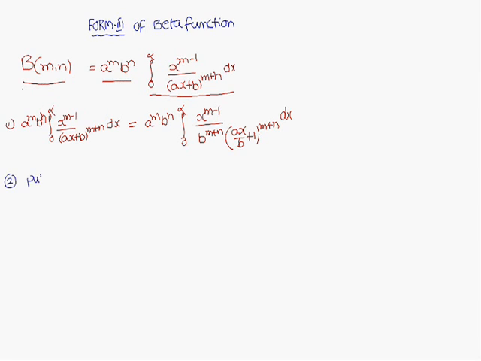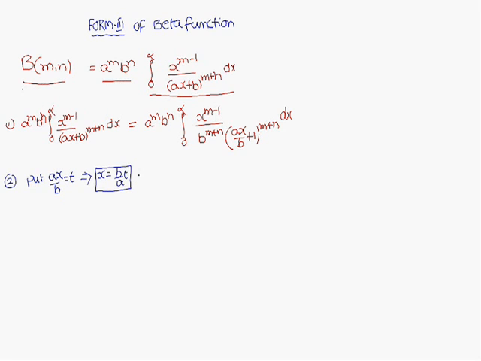Put ax/b equal to t. Ax/b equal to t means in place of x you can write b/a times t. So x is equal to (b/a) t.